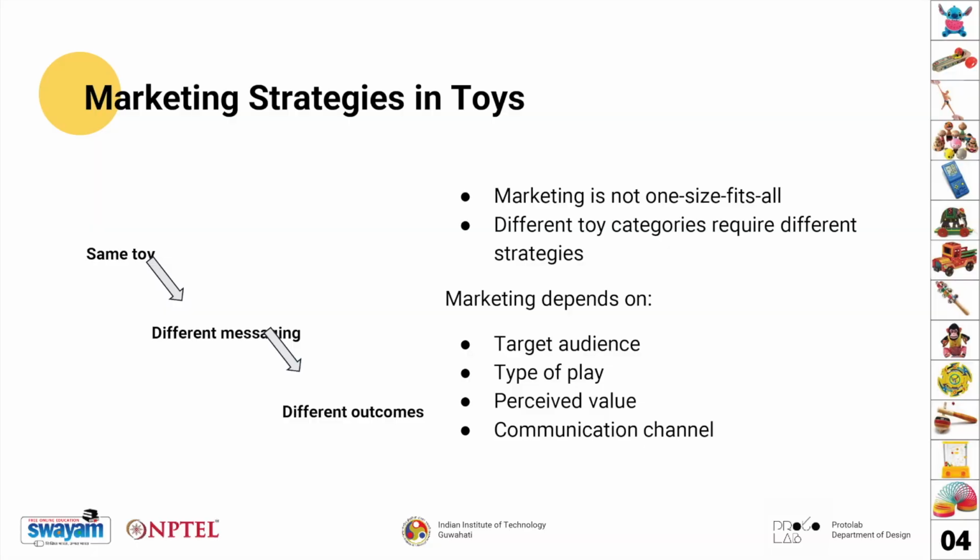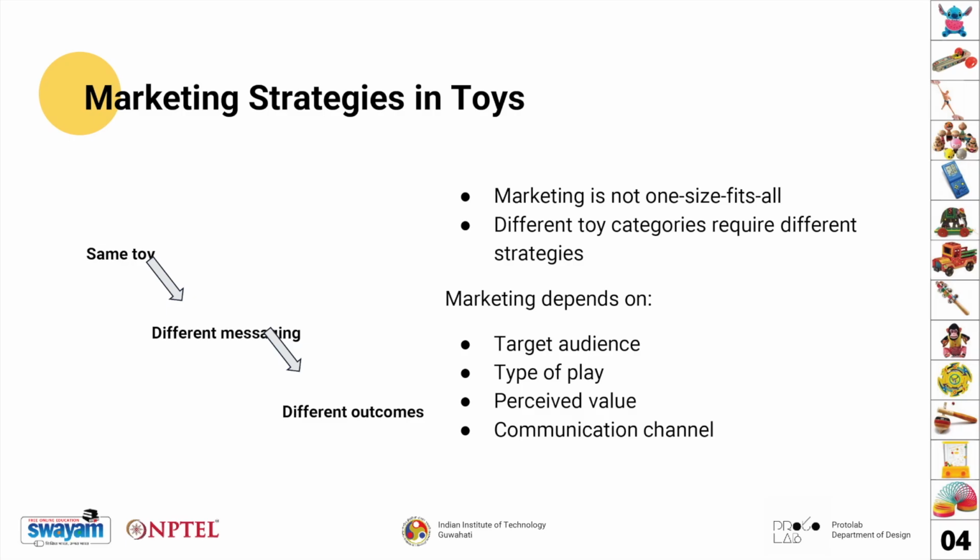As we move into this section, it is important to understand that marketing is not a universal or fixed approach. Different products require different strategies depending on who they are designed for and how they are meant to be used.